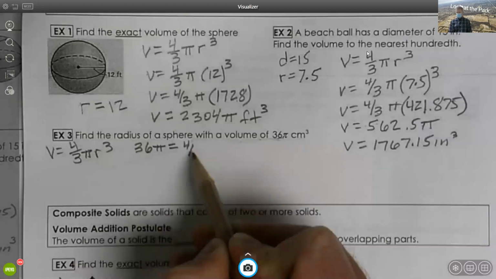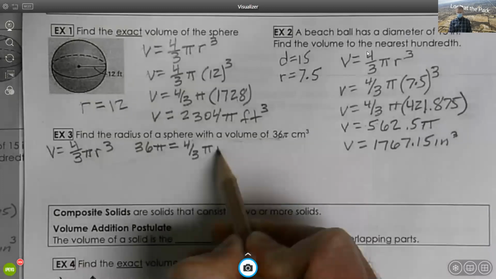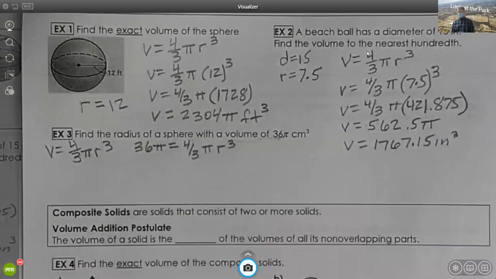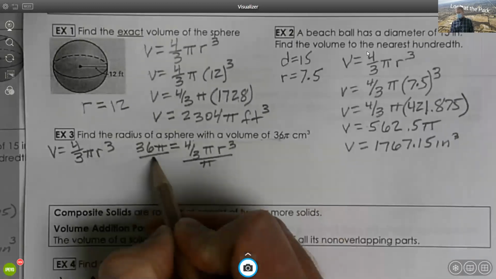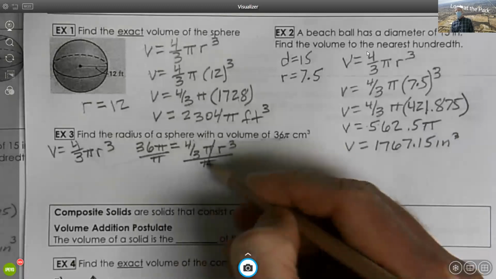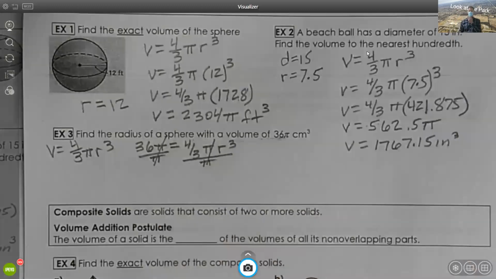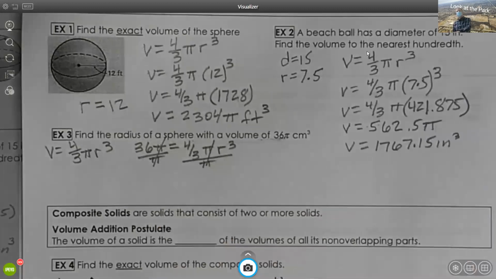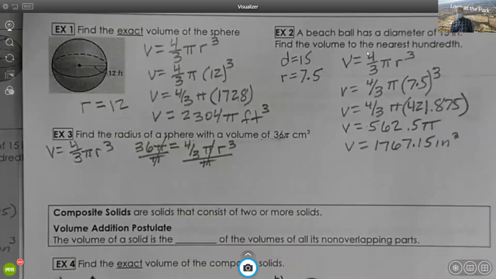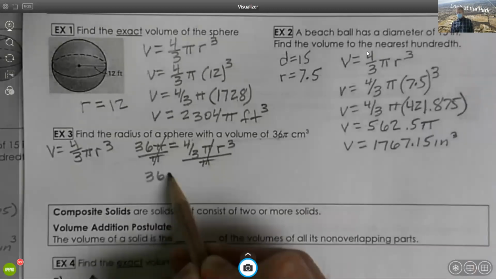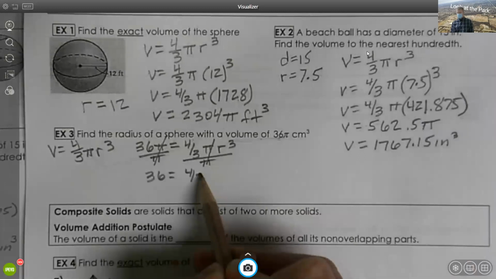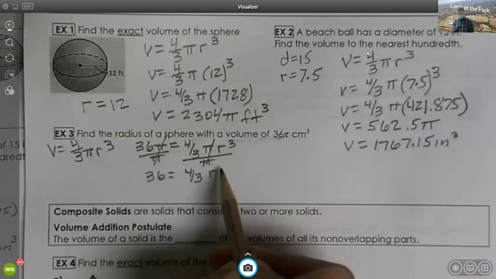4/3 pi r cubed. So if we wanted to, we could divide by pi first. You've got a few choices of what you could do, but the neat part is that the pi's are going to cross out. And we're left with 36 equals 4/3 r cubed.